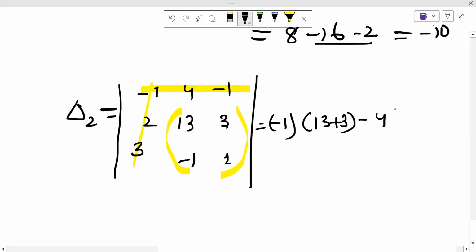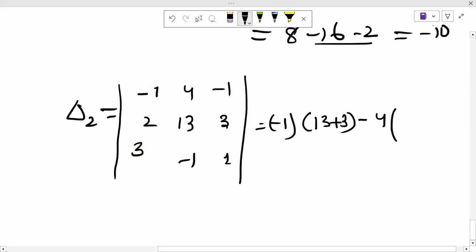Minus 4 into, so this you can omit. This is omitted and this one is omitted. Then 4 row and 4 column is omitted. So 2 minus 9.